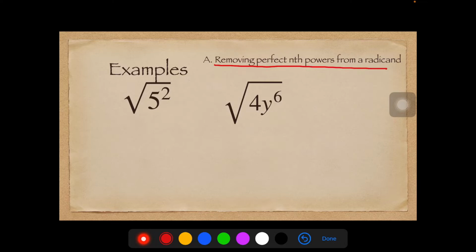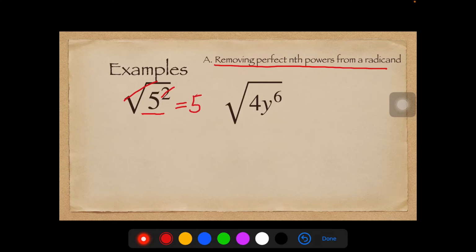There is a 2 here, but if it is a square root, we usually don't write it. Since the radicand is a perfect square, we can just cancel that with the radical, so the answer is 5.